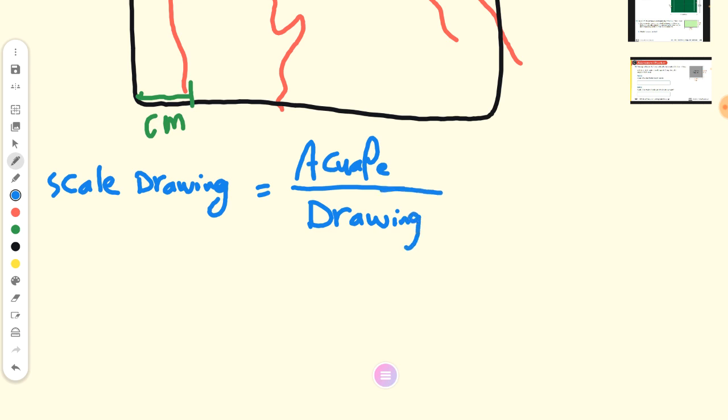Actual over drawing. This is the scale. So the scale equals actual over drawing. Let's take an example about how to apply it, over drawing and real life.